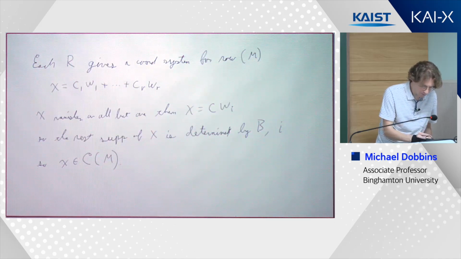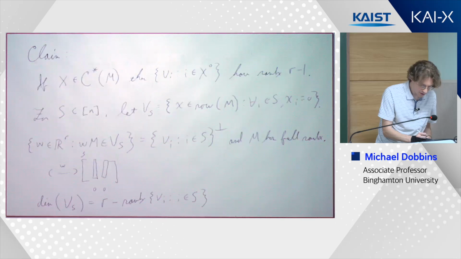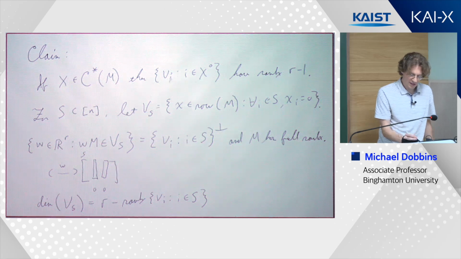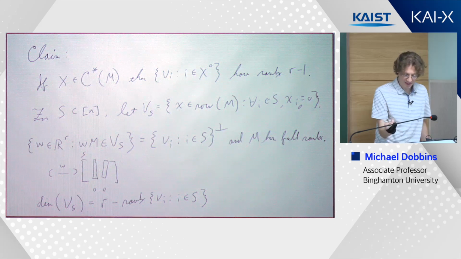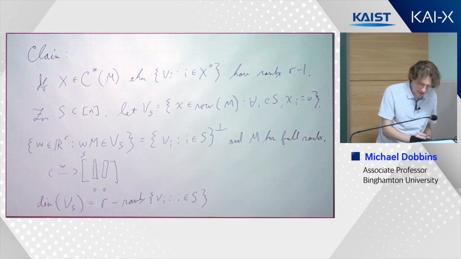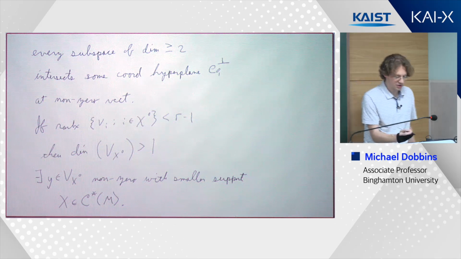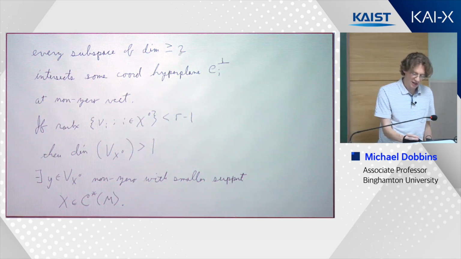So we considered such a vector, and we look at things with its support, and we found that if we look at the space of things that have that support or less, it has to intersect some coordinate hyperplane at a non-zero vector, because it's going to be a space of dimension at least 2. So that shows that this x was not in fact a circuit.